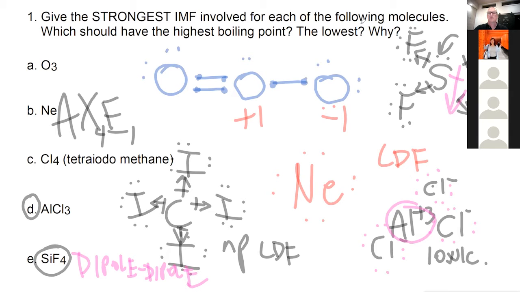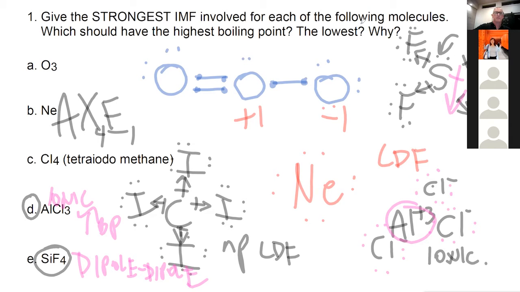So who has the strongest intermolecular force of those 5? Aluminum chloride. Yeah, it's the only ionic one. So since that is ionic, that is going to have the highest boiling point. Who's going to have the lowest? We have 2 molecules that are non-polar.